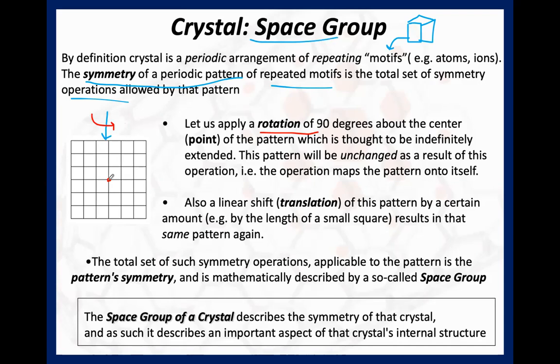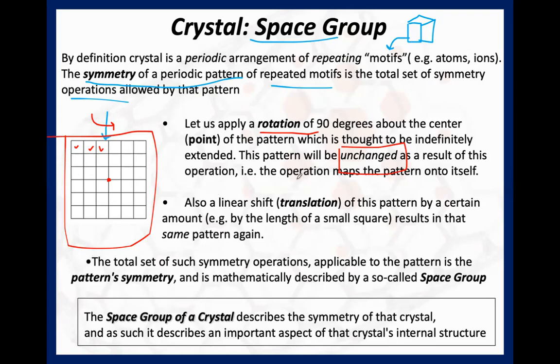So what will happen? All are cubes, right? The unit cells all are cubes, so that means the entire shape is also a cubic shape. Whenever you rotate this by 90 degrees, will you see any change? No. So this pattern will be unchanged as a result of this operation.